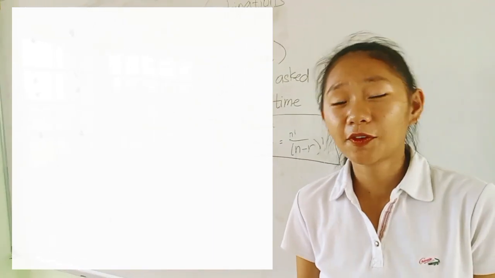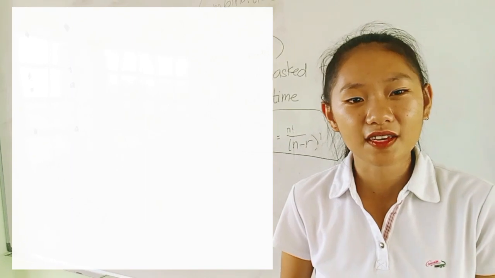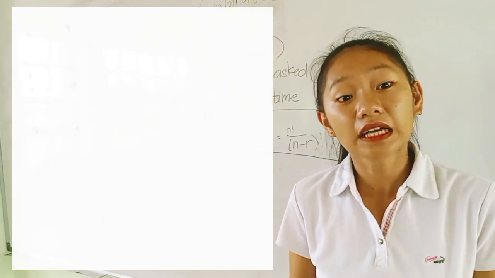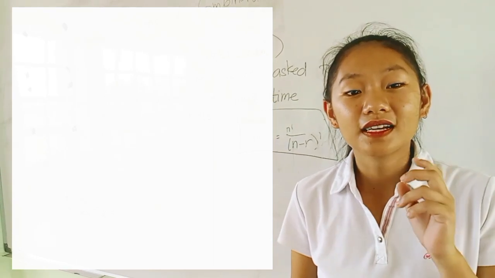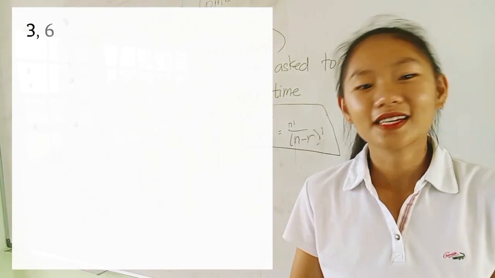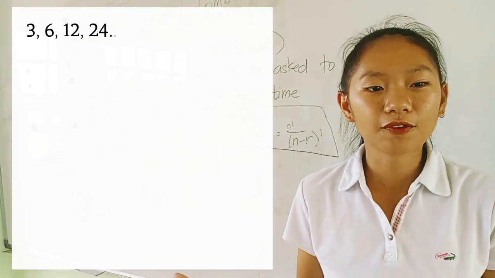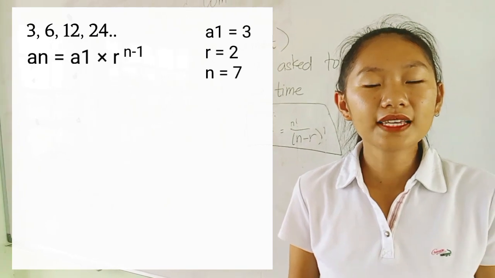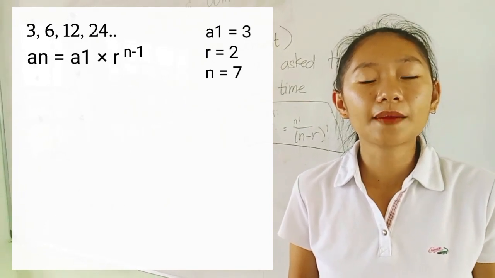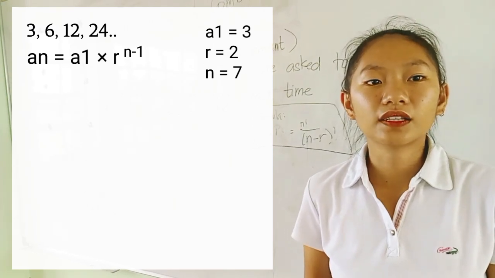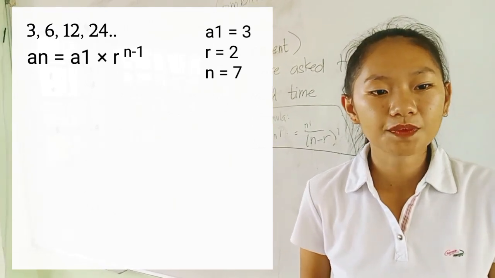So let's go deeper into the geometric sequence. Let's have an example. Find the seventh term of the geometric sequence 3, 6, 12, and 24. So a sub n is equal to a sub 1 times the ratio r, to the power of n minus 1.